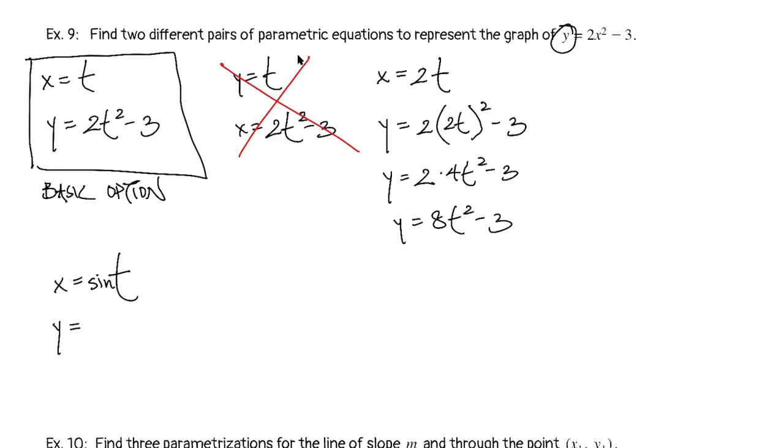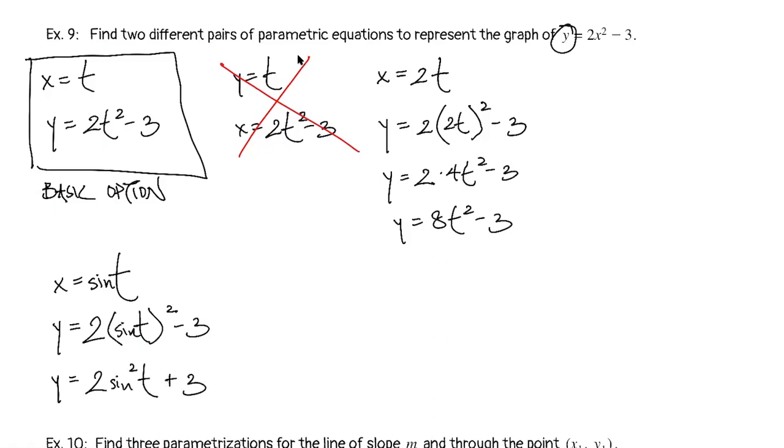Yeah, we can literally take sine t and plug that in. So we get 2 sine t squared minus 3. Look what happens when we substitute: everywhere we see a sine t, if we put in x, we'll get 2x squared minus 3. So you might want to write it like this.